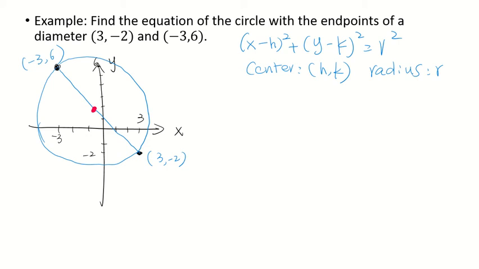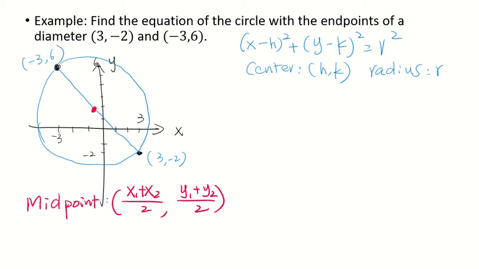In previous classes, we talked about how to find the midpoint of 2 given points using the midpoint formula. If you remember, it is (x1 + x2)/2, that's the x coordinate of the midpoint, and (y1 + y2)/2 is the y coordinate of the midpoint.